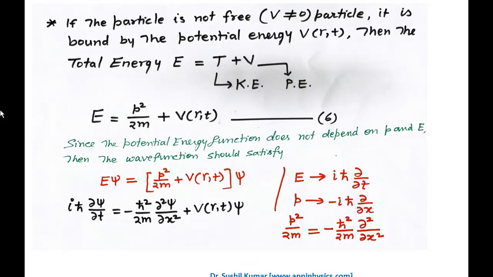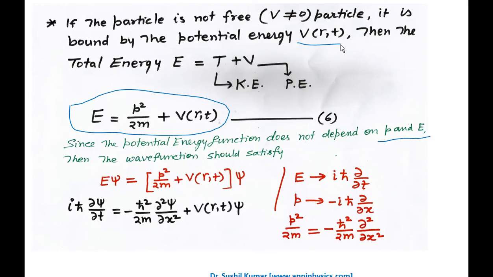So E for a non-relativistic particle is equal to p square upon 2m plus potential energy, because this is the kinetic energy, this is the potential energy, and the sum of these two is the total energy. And because the potential energy function does not depend on p and E, this potential V which we have defined here does not depend on the momentum and energy of a particle.